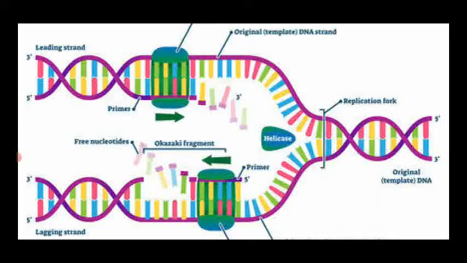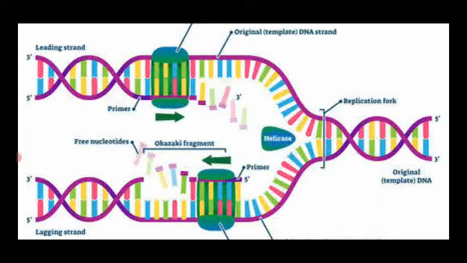Each fork afterwards develops into a new 3-prime and a 5-prime strand. The 5-prime strand develops into a 3-prime strand, and the 3-prime strand develops into a 5-prime strand. So these are the two different strands of DNA replication. One acts as the leading strand, another one is the lagging strand.